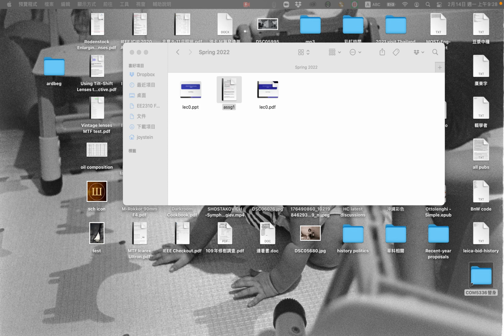So 0, 0, 1, 0 is decimal 2: decimal 1 is 0, 1, and decimal 2 is 0, 1, 0, up until 8, which is 1, 0, 0, 0. So these bit positions are 1, 2, 4, 8.